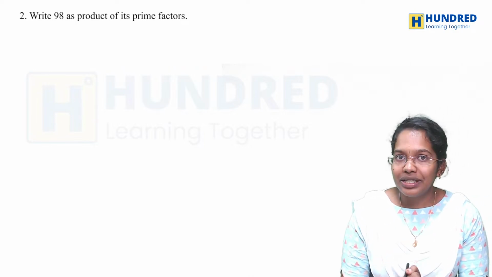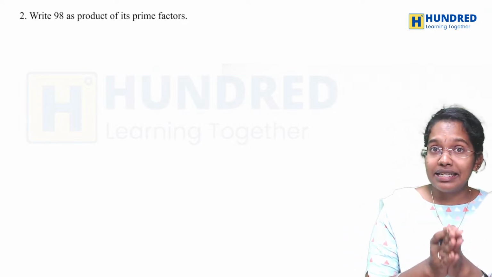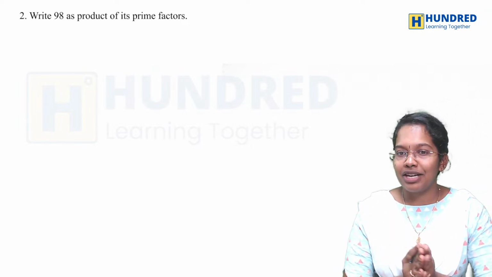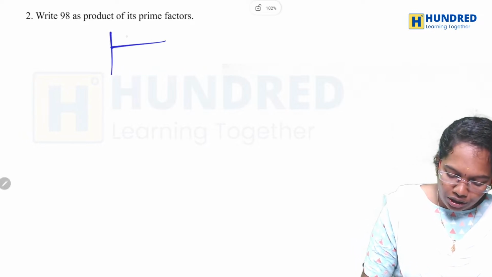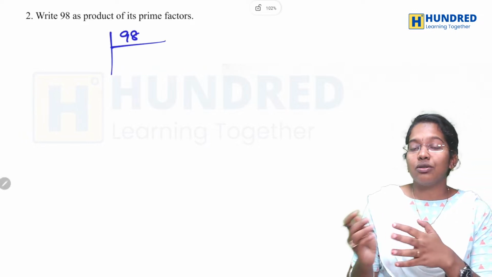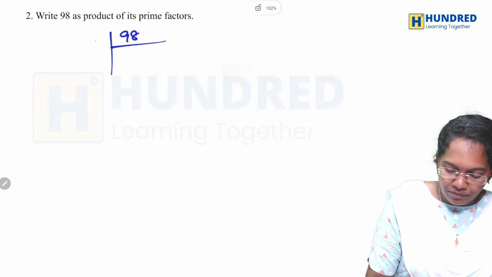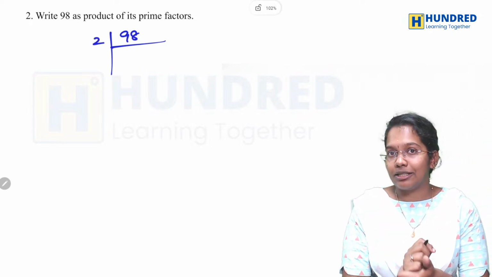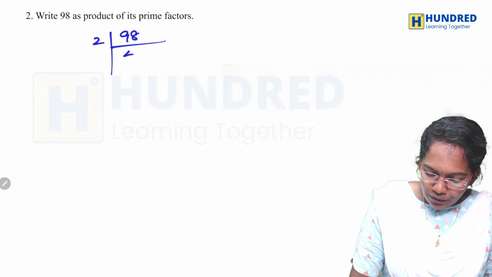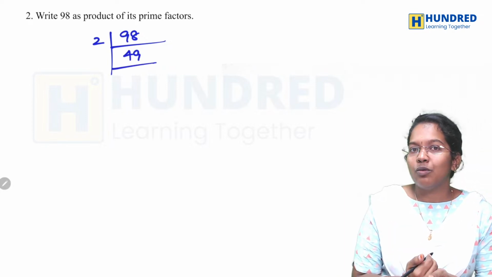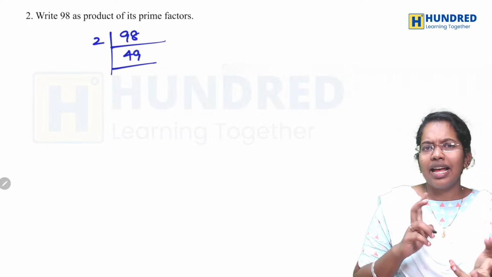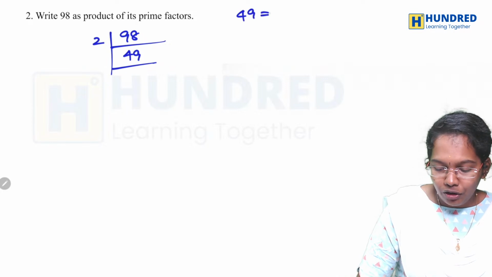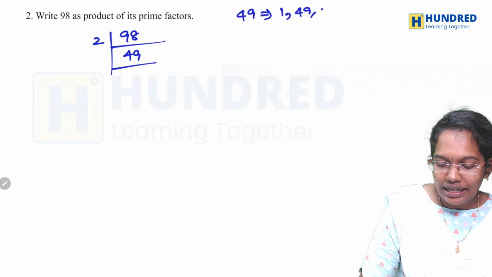So what we are going to do is express 98 as a product of prime factors. We start with the least prime factor, which is 2. Then it will be 49. For 49, the factors are 1, 49 and 7 and 7.